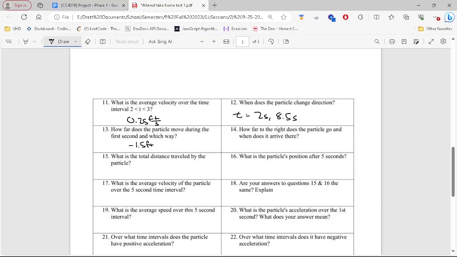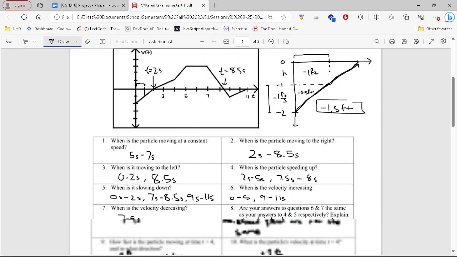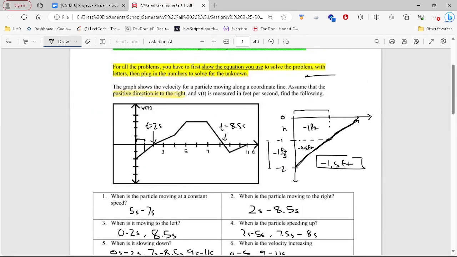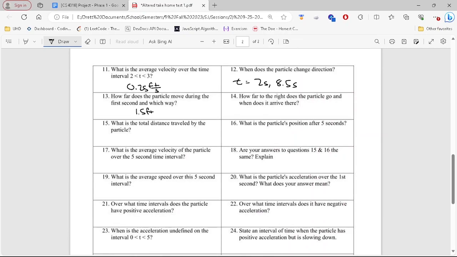Okay, so perhaps they don't want the negative sign here if they're asking for which way. Since the displacement is -1.5 and left is negative, then the direction that they traveled is left.